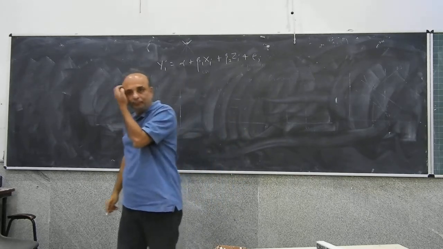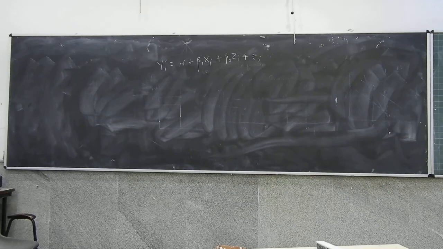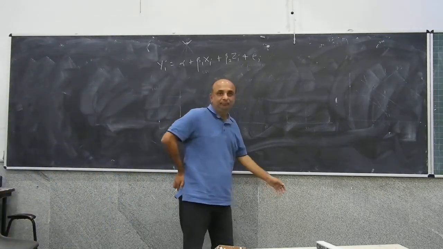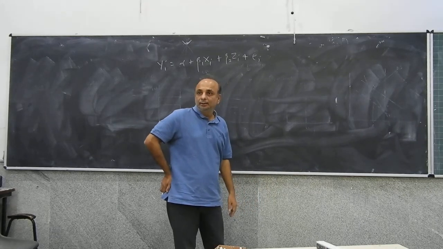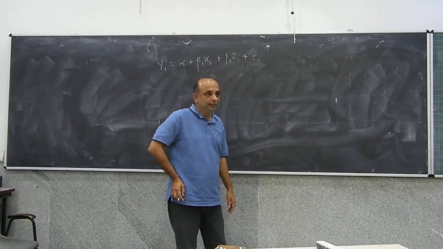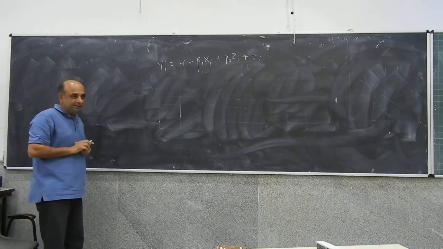And you suspect that the variance of the error term is associated with, has something to do with x and z. Right? Sure? Okay? So how do you go about testing this?